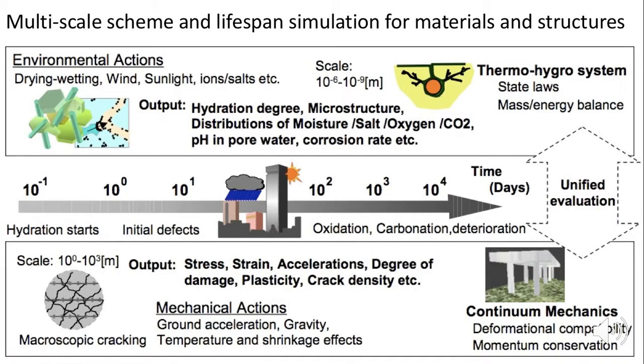It's the same approach we use when we try to understand how concrete behaves from the hydration stage to when it develops the initial defects such as plastic shrinkage cracks, autogenous shrinkage cracks, and so on, drying cracks, structure use loads, environment, carbonation, corrosion, and so on.